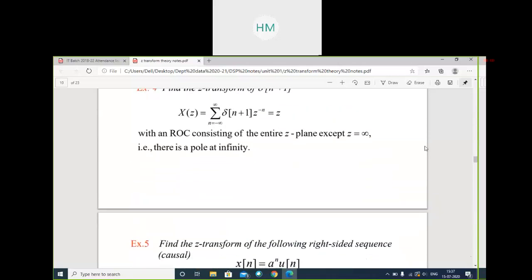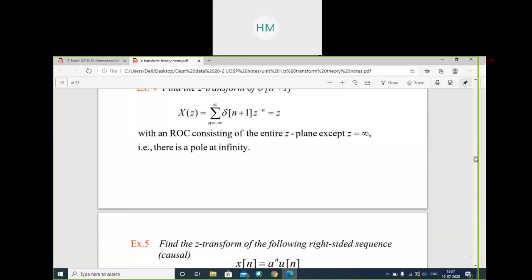This is a very common example of Z transform. Find the Z transform of the following right-sided sequence. A right-sided sequence means a causal system. In the S plane, if the S plane exists at the right hand side, the system is causal.